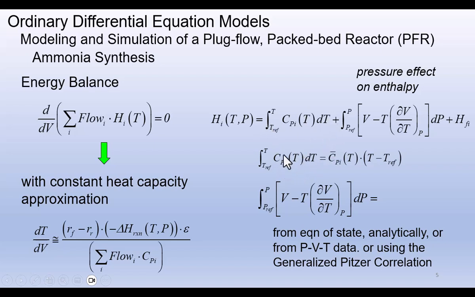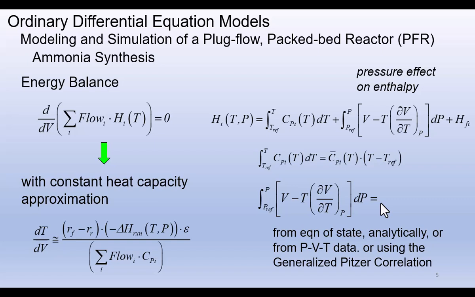And then we can look at each one of these terms. This one here quite often is simplified by using an average heat capacity as a function of the temperature. And that's an integrated version. That is often done, and we will do that. And then we need to deal with how do we come up with this pressure term, and the ways that can be handled is based on an equation of state which has to be one that models the non-ideal situation with the gas because of the elevated pressure.